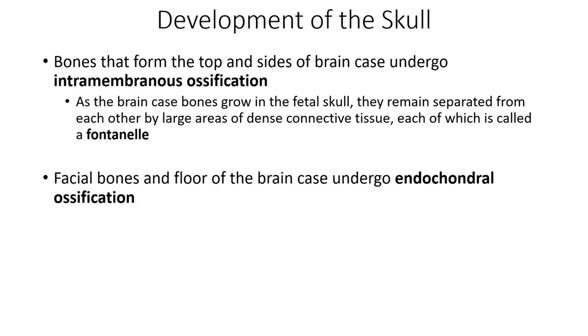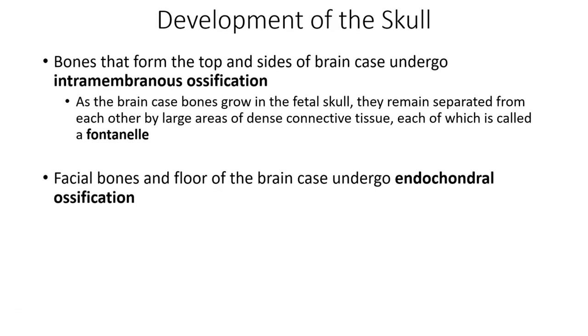These are called fontanelles. And so those will slowly fuse together after birth and form those sutures that we saw earlier. And then the facial bones, and then the bones at the floor of the brain case, so right before it starts turning into the vertebral column, those are going to be developed through endochondral ossification rather than intramembranous.